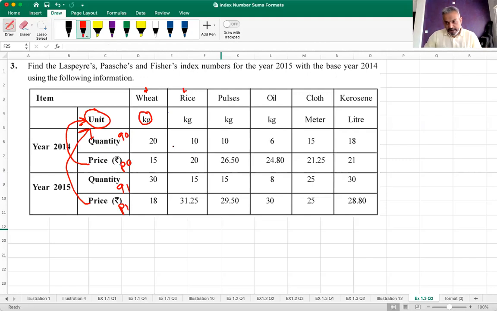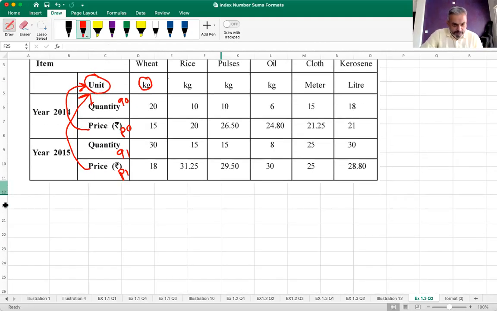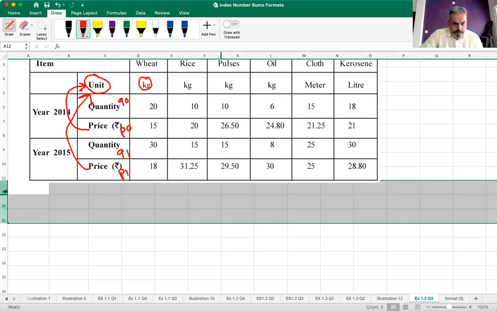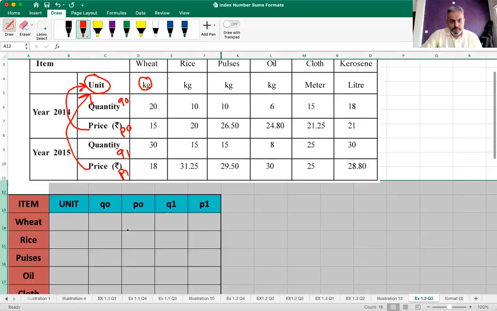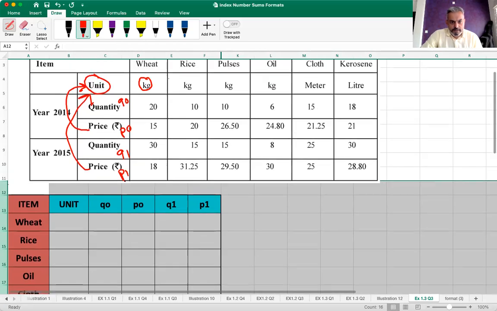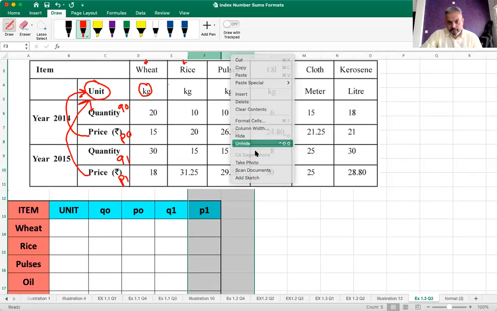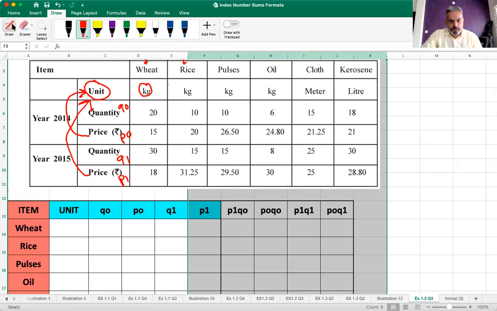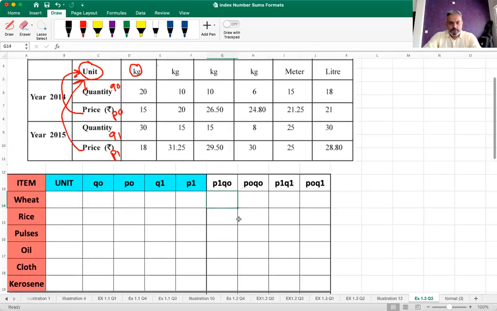So this information we now have. Let's write this in the format. Make a format. Here I have taken as per this Q0, P0, Q1 and P1, and then P1Q0, P0Q0, regular. So let's start putting the values.